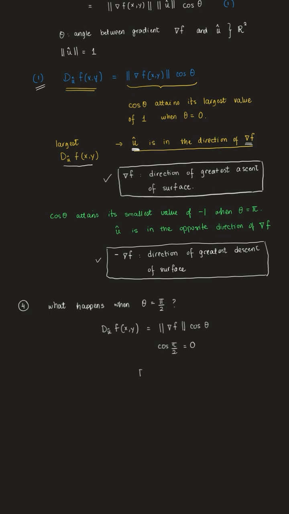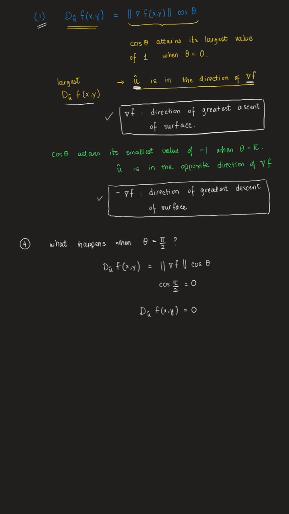Which means that if we have a unit vector that is perpendicular to the gradient, then we will have no rise in our function because the value of the directional derivative, the slope, is 0. We're not rising at all, right?